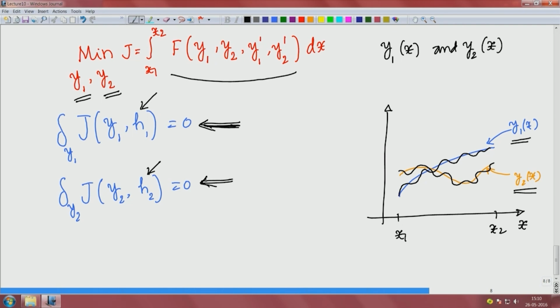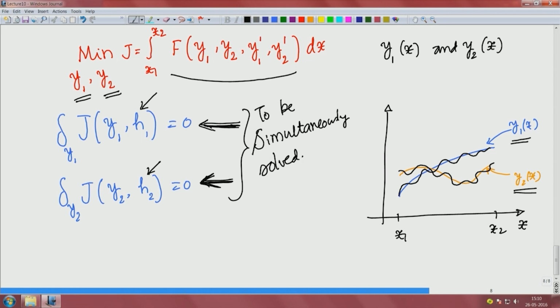Similarly, this equation does not mean that it is going to have only y2, it is going to have y1 and y2. Both of these differential equations have to be simultaneously solved. We get two differential equations, both are simultaneously solved.